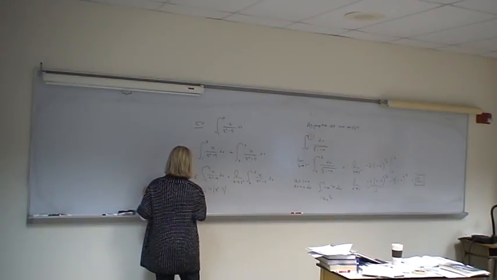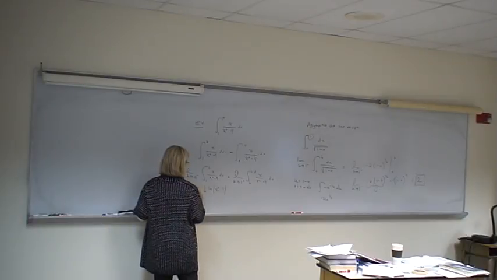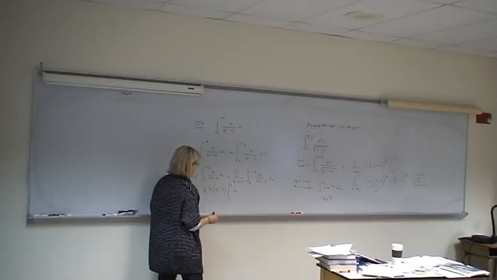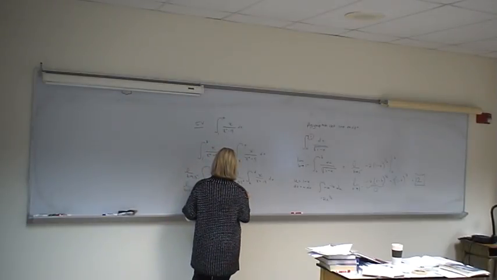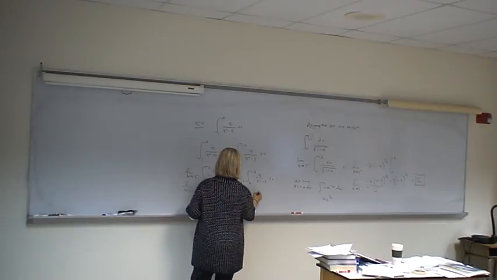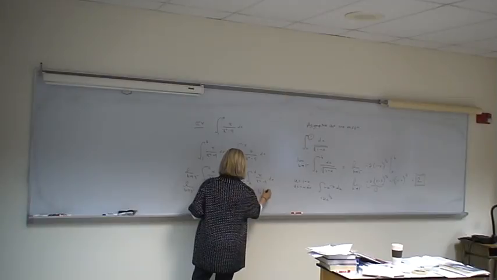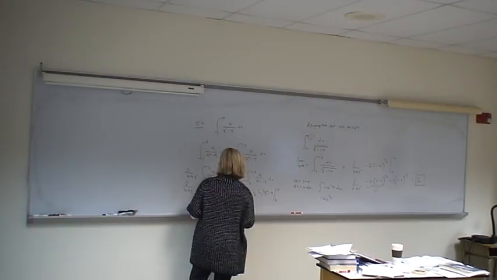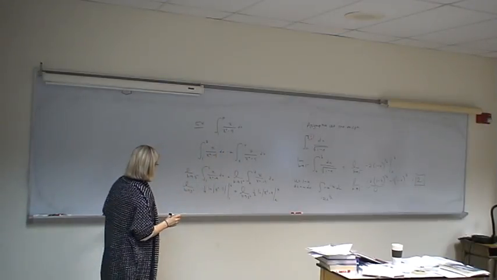Okay, and we still have the limit as b goes to 3 from the negative, evaluated from 1 to b, plus the limit as k goes to 3 from the positive, same antiderivative, right? 1/2 ln of x squared minus 9 from k to 4.